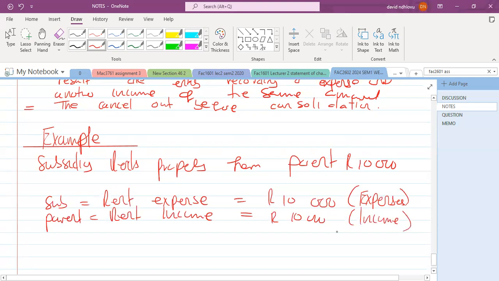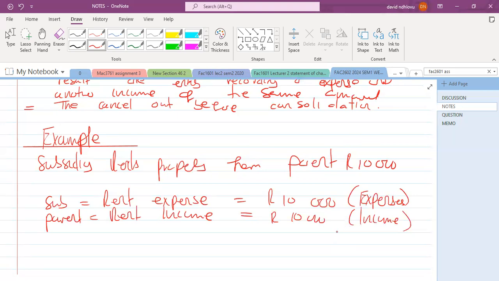But remember, at group level, when we combine the two companies, we are saying the group did not earn any rental at all. So therefore, this rent must be eliminated at group level. So when you now create your consolidated financial statements, these two will simply cancel each other out. And then you won't have this transaction appearing in the books.